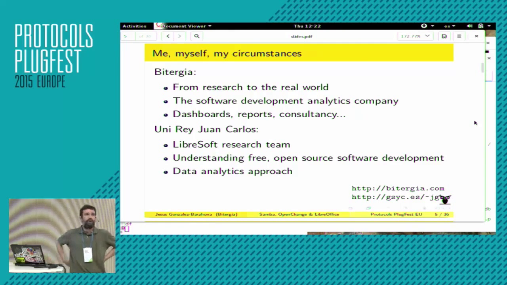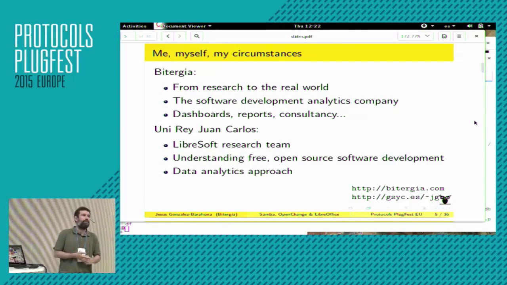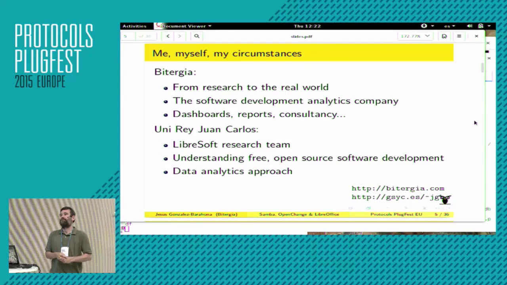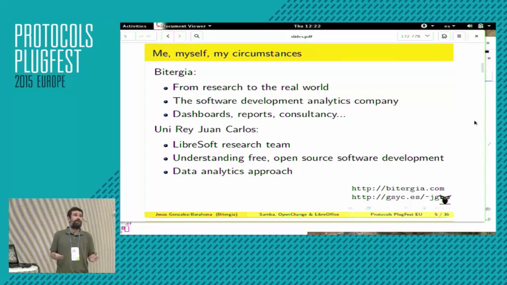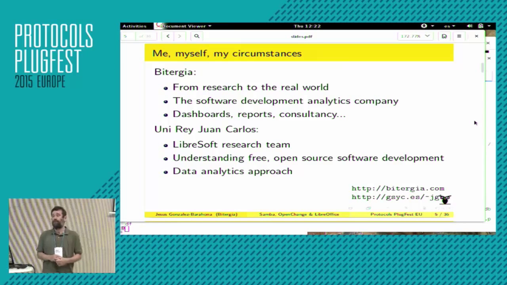So with respect to the context, Bitergia is a company doing this kind of thing from a commercial point of view. An interesting thing about the company is that all the software they use and produce is free software, open source software. That means that if you want, you can use exactly the same tools and get the data and do your own analysis. Basically, the company is producing dashboards, producing reports, providing consultancy on software development.